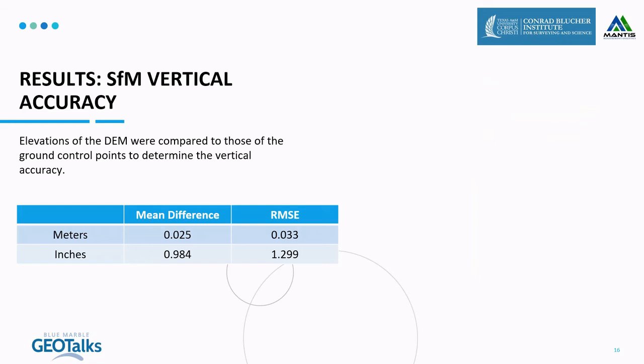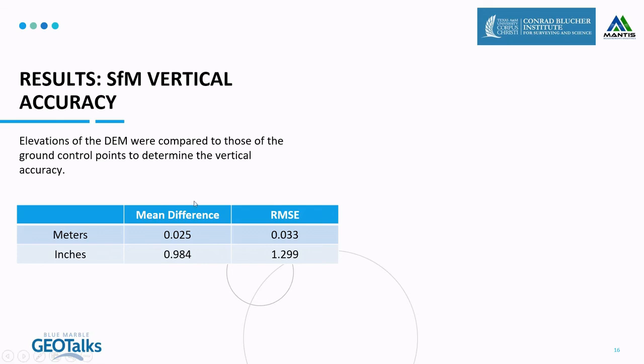Beginning here with the results of the vertical accuracy, I got this vertical accuracy by looking at the digital elevation model that was generated using the structure from motion point cloud and comparing those to the ground control points that were established at the survey site.